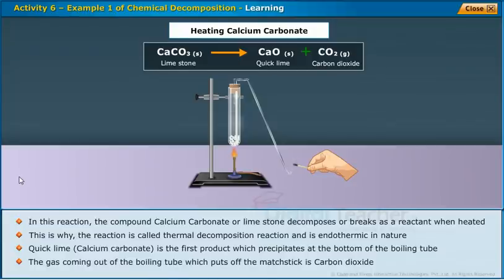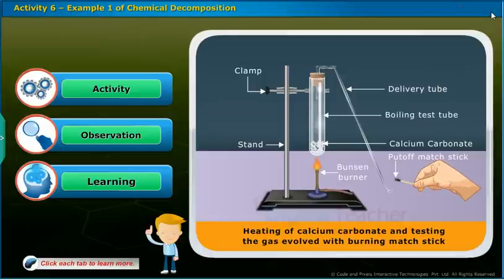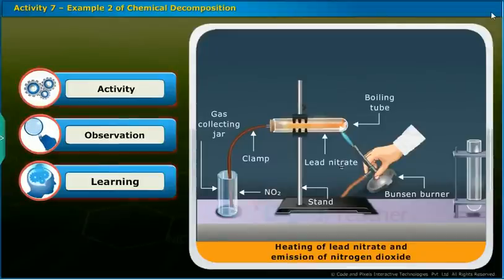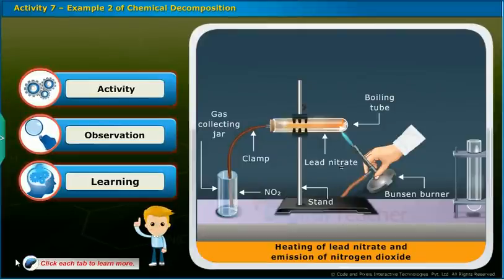Let us learn about another example of chemical decomposition reaction. Example 2 of chemical decomposition reaction. Click each tab to learn more.